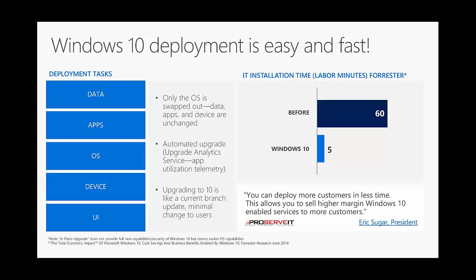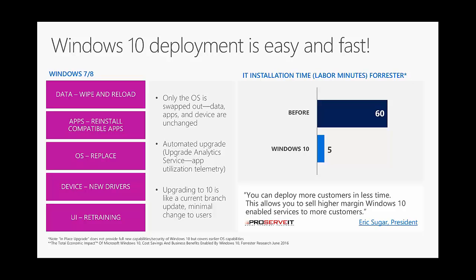So deployment of Windows 10 is very easy today, and I'm going to actually cover that as one of my topics later in the presentation. Again, like I discussed, there's data wipe and reload with the previous options. You have to reinstall the application. It's a complete OS replace, device drivers, test and confirm those device drivers, and the user interface could sometimes be restraining and not comfortable for the users.